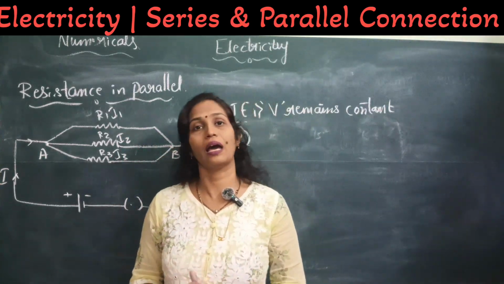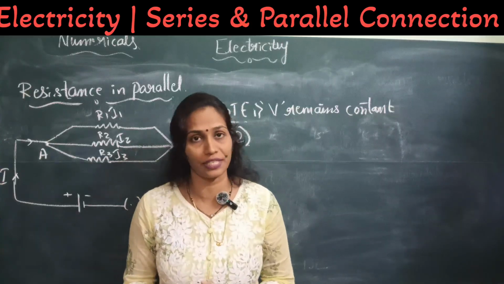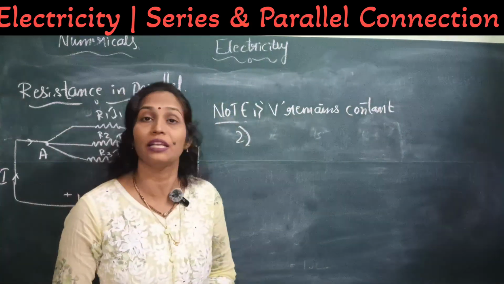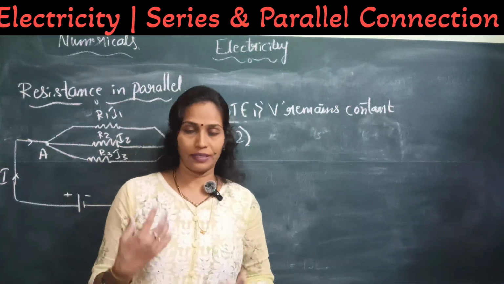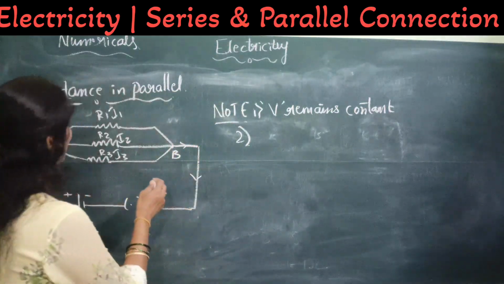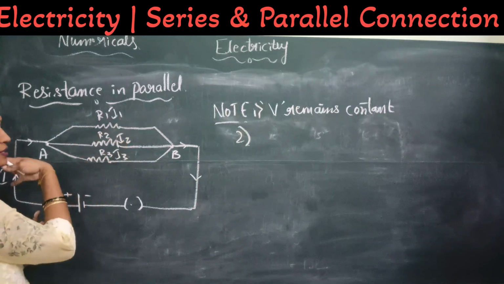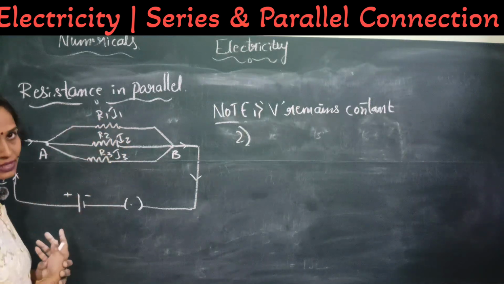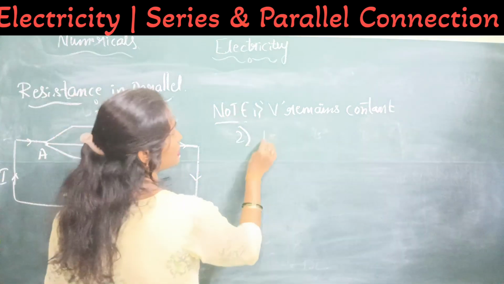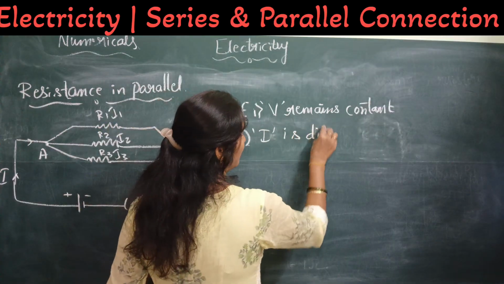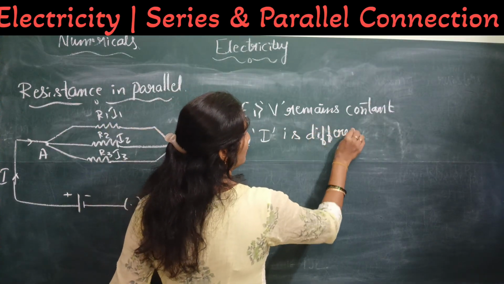I increases, R decreases. When R increases, definitely I decreases. Come back. Now I1, I2, I3 are the different currents shared among the different resistors. So what is the second point? I is different.